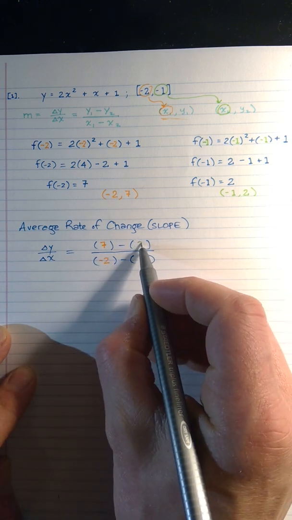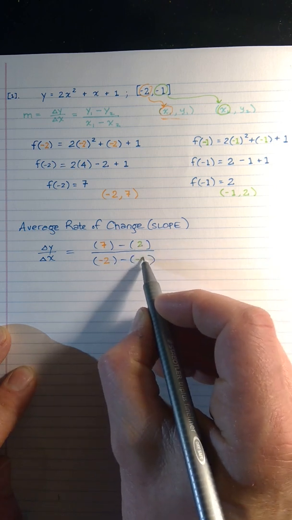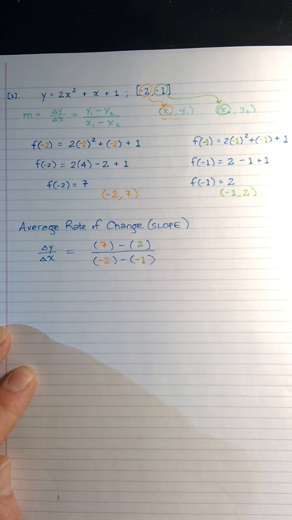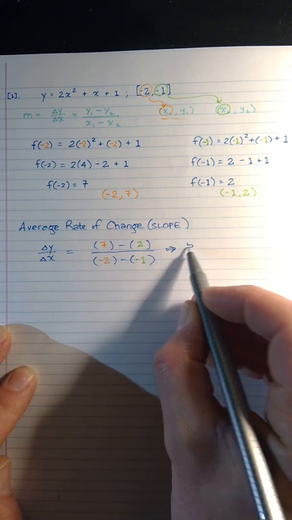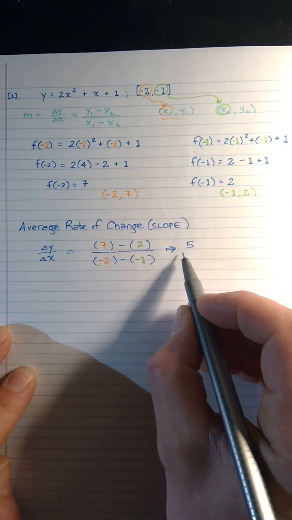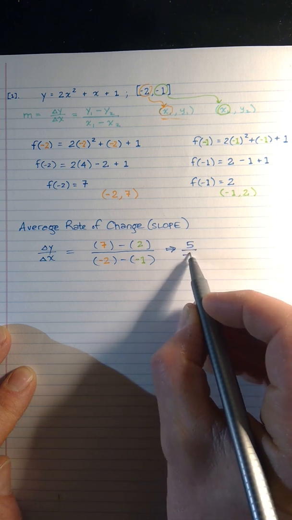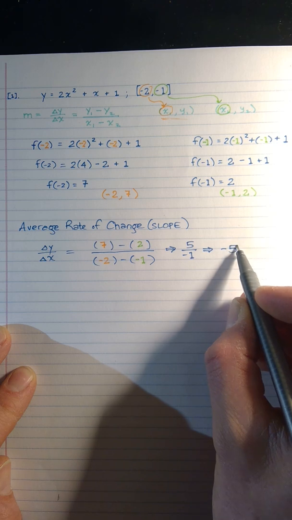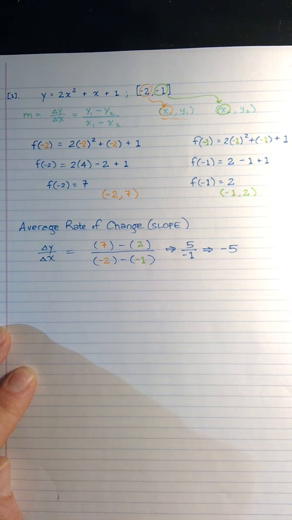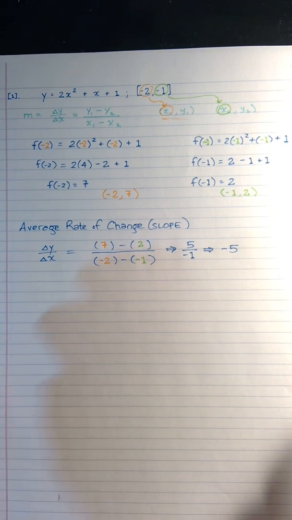Here's my y value for the green point and the corresponding x value. So when I do that, I get that for my average rate of change, 7 minus 2 is 5, and -2 plus 1 is -1. That means my average rate of change is -5. So algebraically, it's just a simple matter of computing slope.